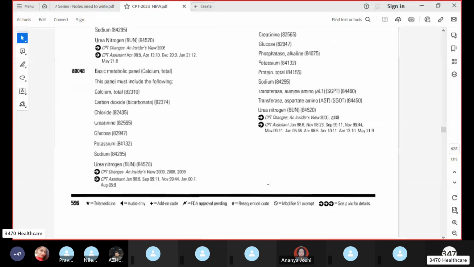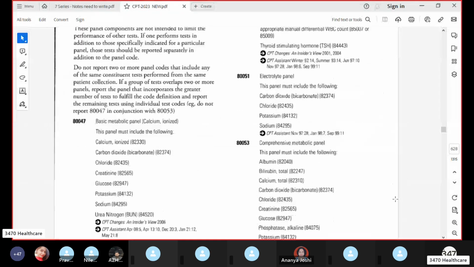So, any panel code you want to use, check what is listed below that panel. If all the listed tests are done, you can go with the panel.